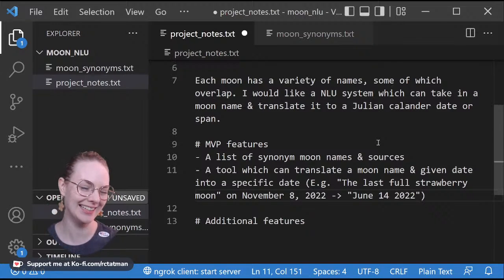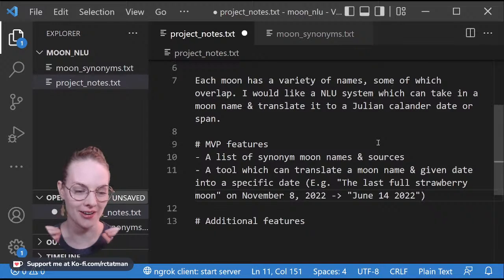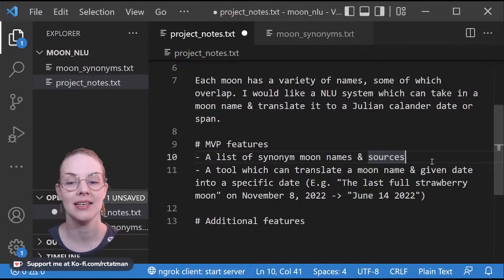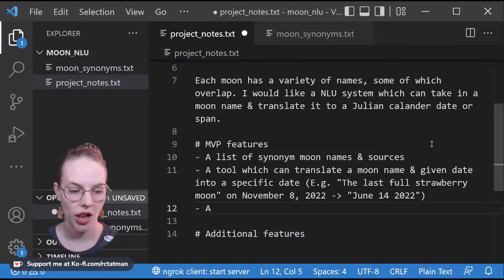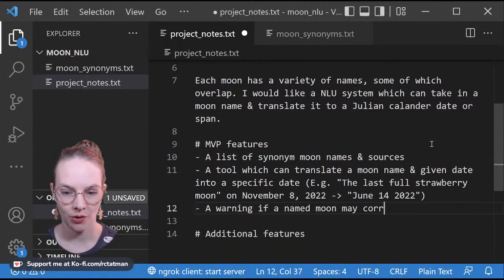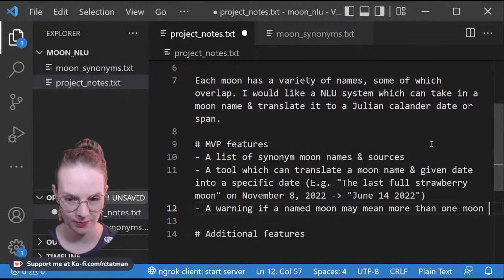That's what I want. I just want to know what the Julian calendar date for a named moon is. However, because there are a warning if a named moon may correlate, may mean more than one moon.